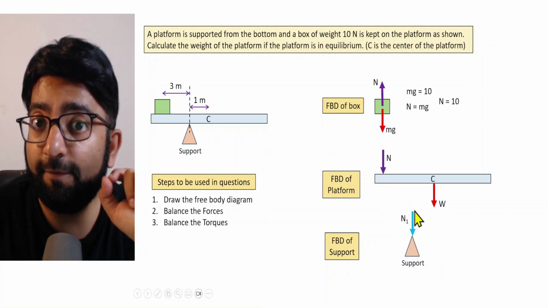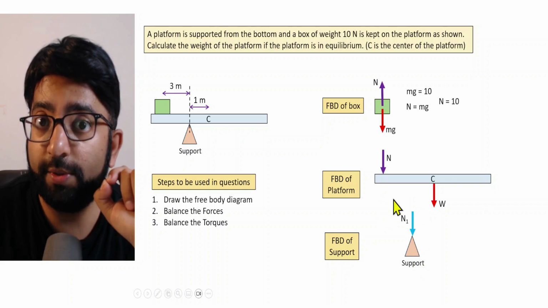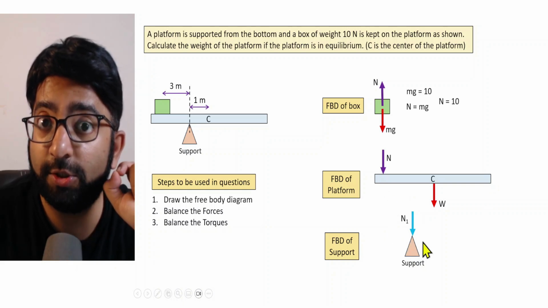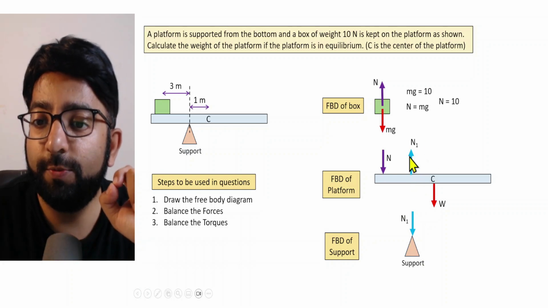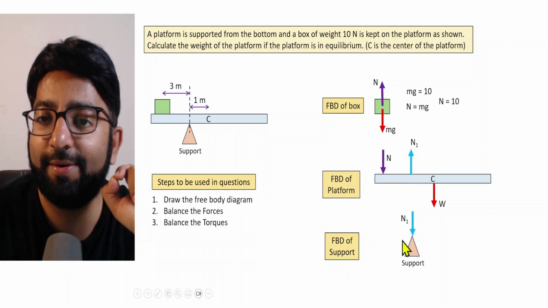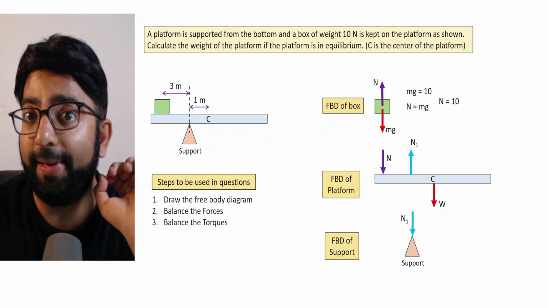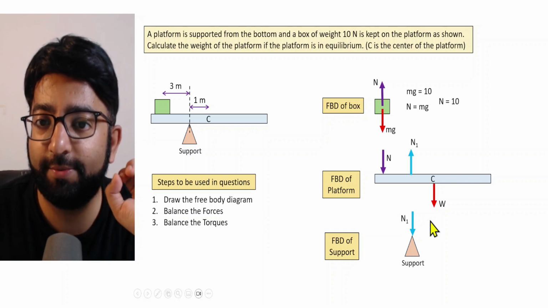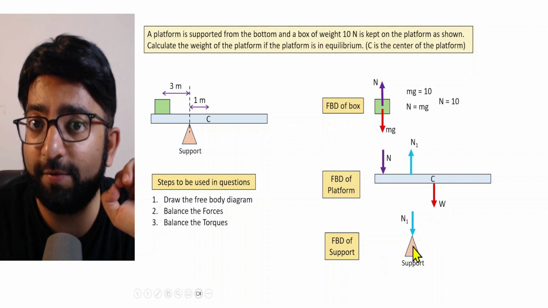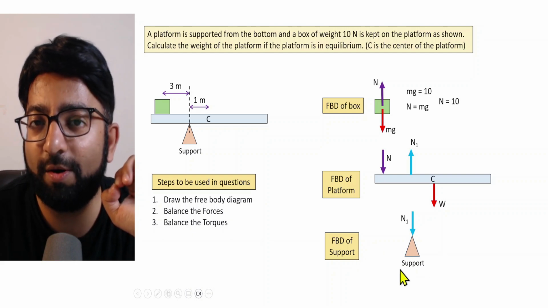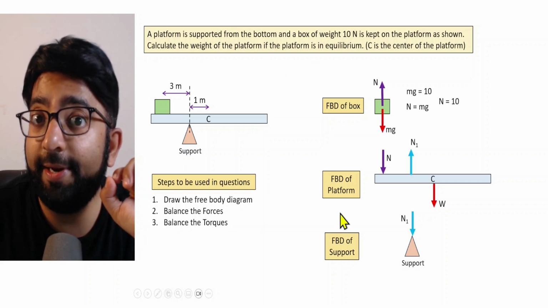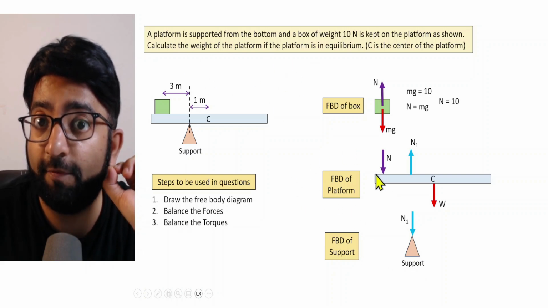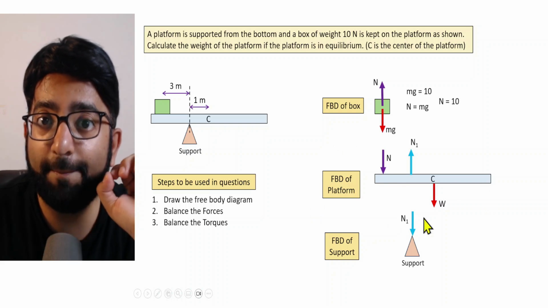Hence, if the platform is pushes the support downwards with a force of N1, the support is going to push the platform up with a force whose magnitude is the same as N1. And so now this is the complete free body diagrams of the objects. I have not considered the weight of the support because the support is not part of the question. In order to get the weight of the platform, we only need to focus on the free body diagram for the platform. So this was step number one.